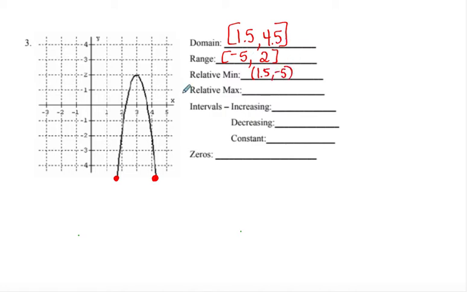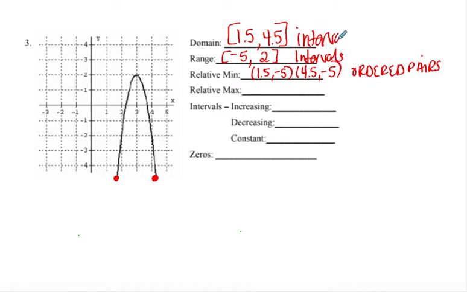And there would also be one at 4.5, -5. Again, these are ordered pairs. And these are intervals. I want to make sure you understand the difference there. Relative max would be a point that is at the peak, and this would be that point, and that point would be 3, 2. Again, that's an ordered pair.